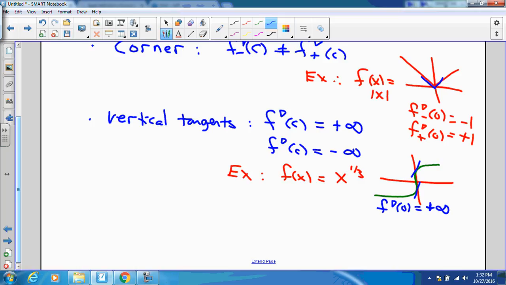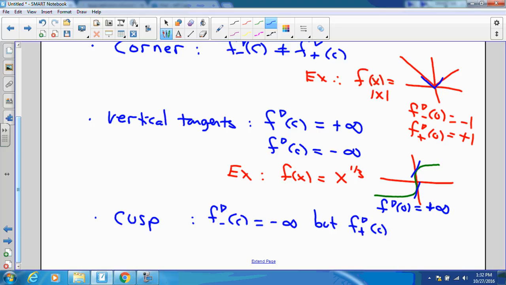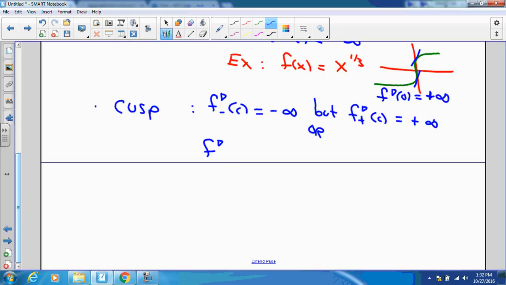Now, related to the vertical tangents were our last and strangest type, and that was a cusp, where f prime of c from the left is negative infinity, but f prime of c from the right is positive infinity, or the other way around.